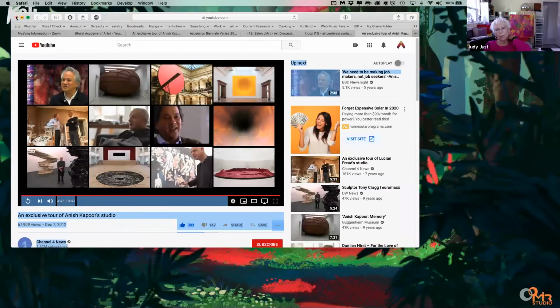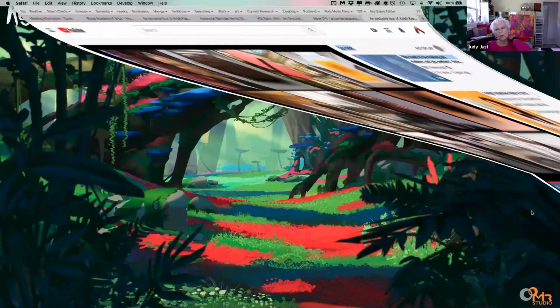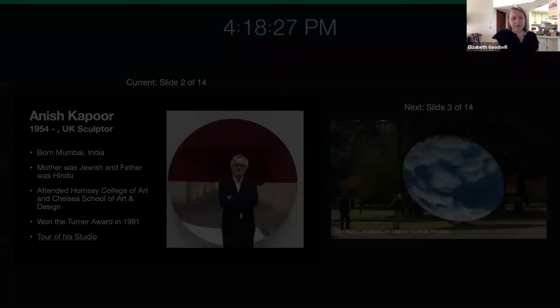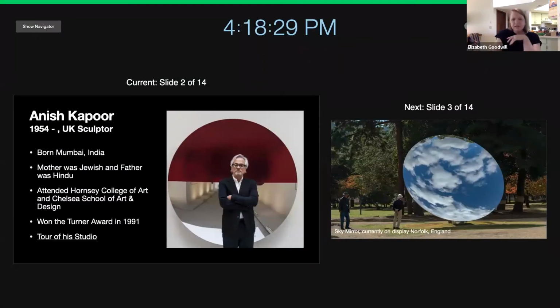I think it's always really interesting to see an artist in his studio. Yes, and that's why I created it, because Judy and I discussed this, and to see an artist in their studio gives you a peek into their world and their making process, and how the space reflects them.